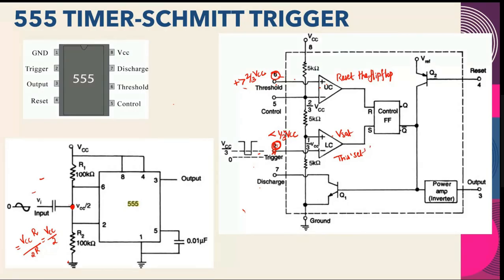So when set is there, Q bar will be equal to 0 and the output will be equal to 1. When reset is there, Q bar will be equal to 1 and the output will be equal to 0.